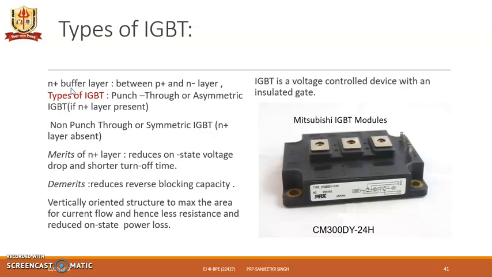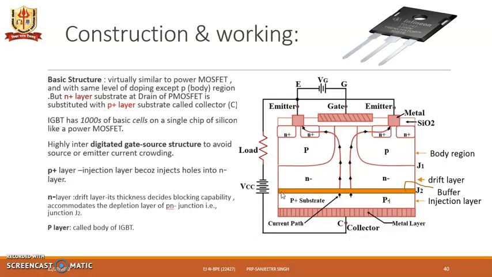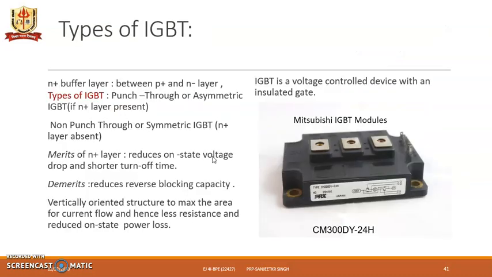The yellow shaded portion here is the N plus buffer layer. If it is present, it is punch through, and if not present, it is non punch through.